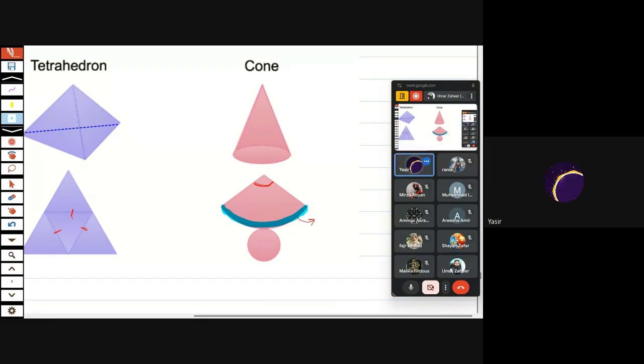Sector arc. It is the arc length, but in other words, it is basically the circumference of the circle.